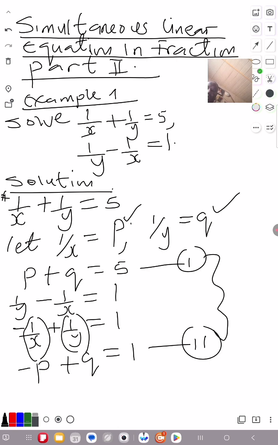So let's go. I would like to clean this particular page and move to another page now. So what will be my equation 1? Equation 1 now becomes P plus Q is equals to 5.